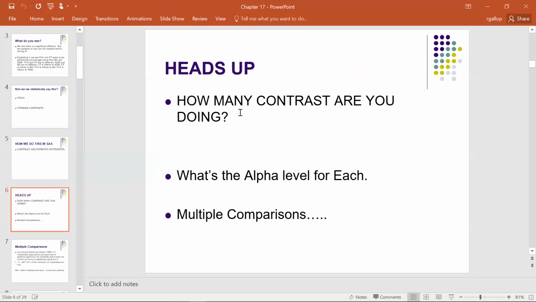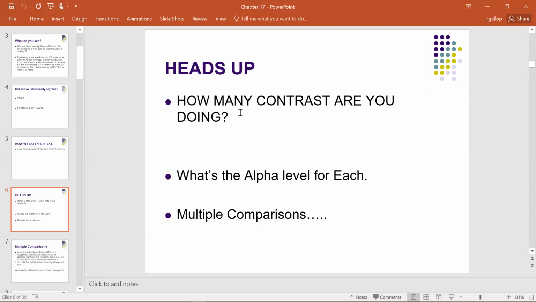One thing we have to think about, though, is when we start doing these different comparisons, we're doing what we call a lot of contrasts. So one thing we need to keep in mind is how many of these are we doing? Now each contrast has an alpha level associated with it, because in essence, we're going to form a null for each contrast. That will have a null, that will have an alternative. Each null has an alpha.